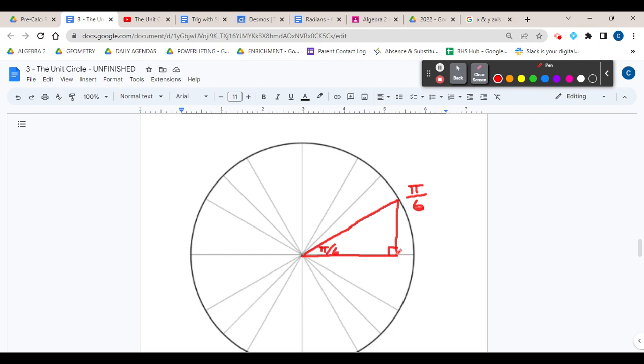All right. Now we have this point. This point has an x value and a y value. Remember, the x value is going to be cosine pi over 6. It always is if you go back to the first set of notes. And the y value is going to be sine pi over 6.